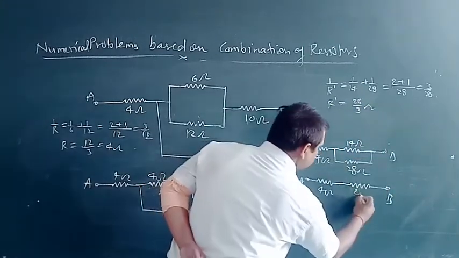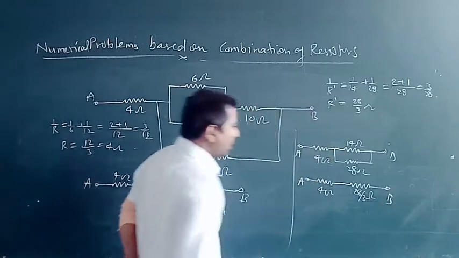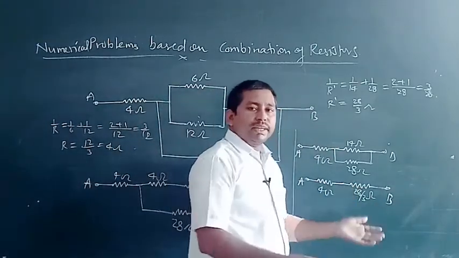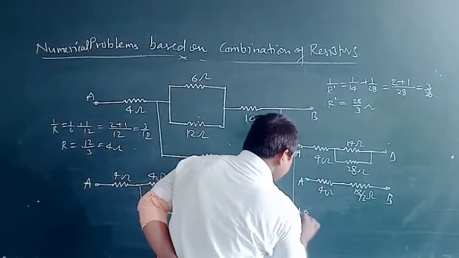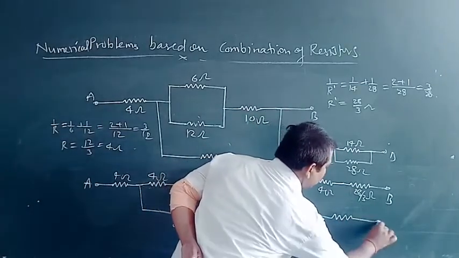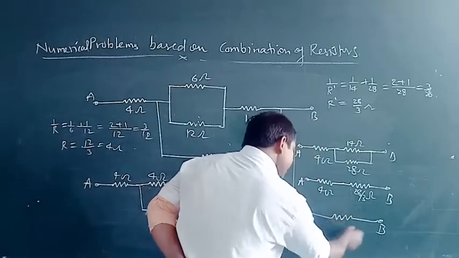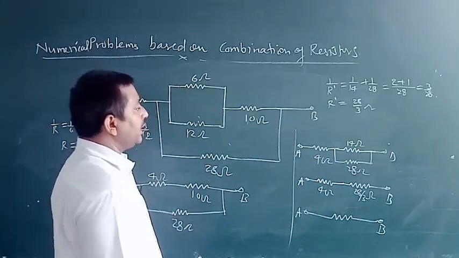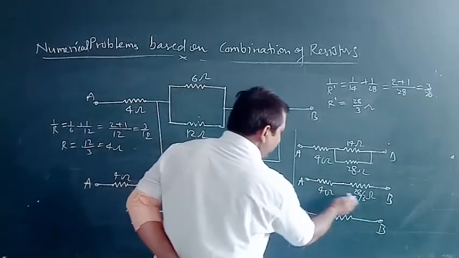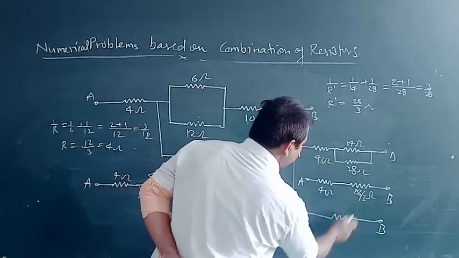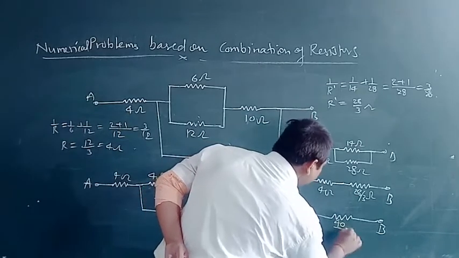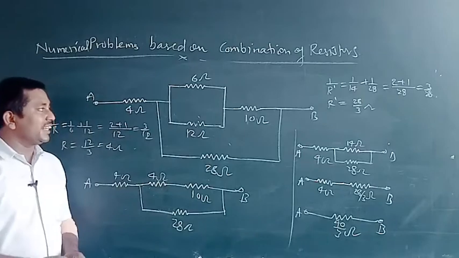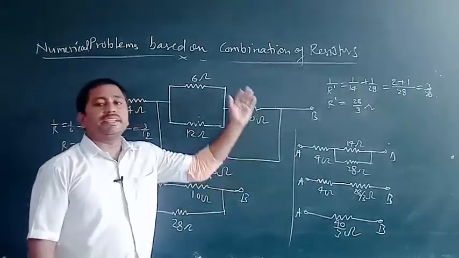Then the simplified circuit will be in this form, and the value of the resistance will be 4 plus 28 by 3, it means 12 plus 28, that is 40 by 3 ohm. So this is the equivalent resistance of the given circuit.